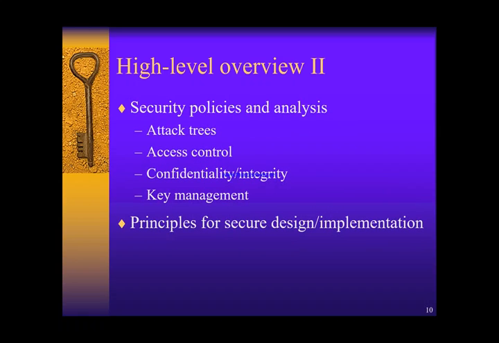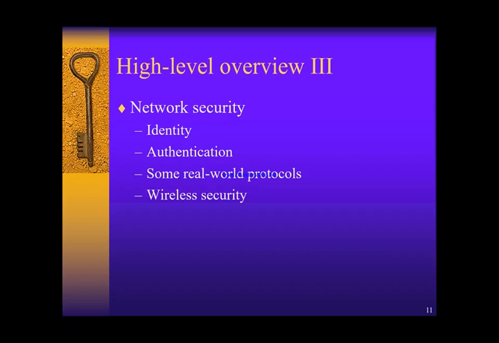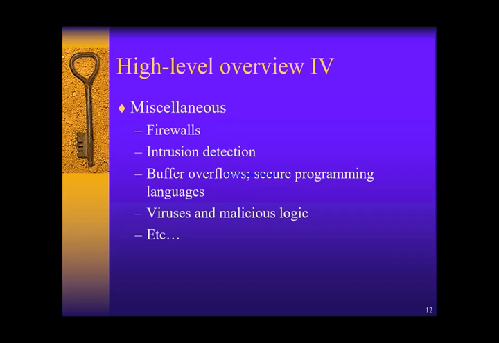And security policies and analysis: attack trace, access control, confidentiality and integrity, key management, principles for secure design or implementation. And network security: identity, authentication, some real world protocols, wireless security, and miscellaneous topics: firewalls, intrusion detection, buffer overflows, secure programming languages, viruses and malicious logic, etc. So many topics are there in the high level overview.